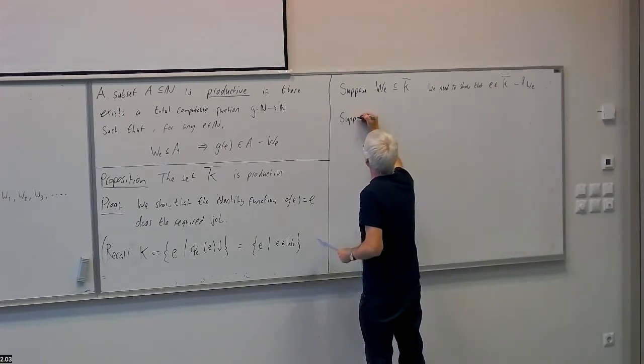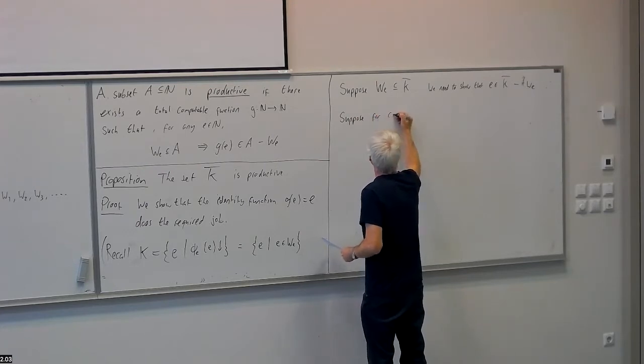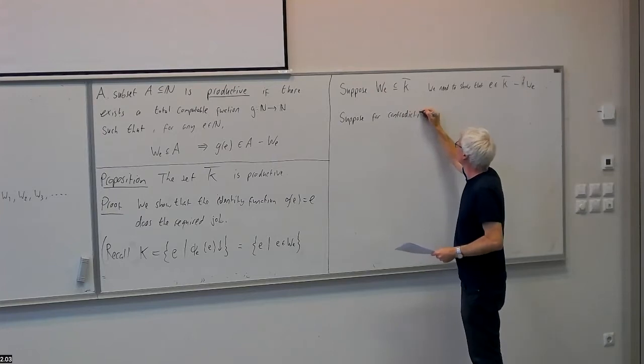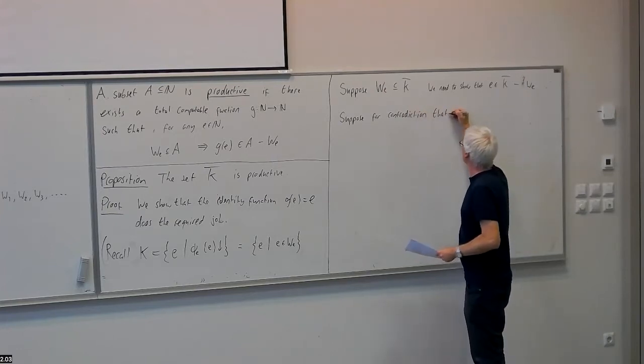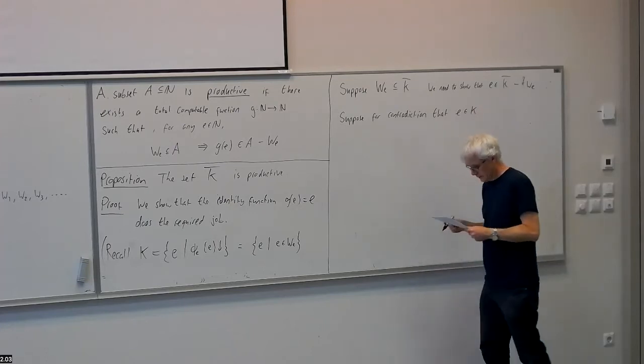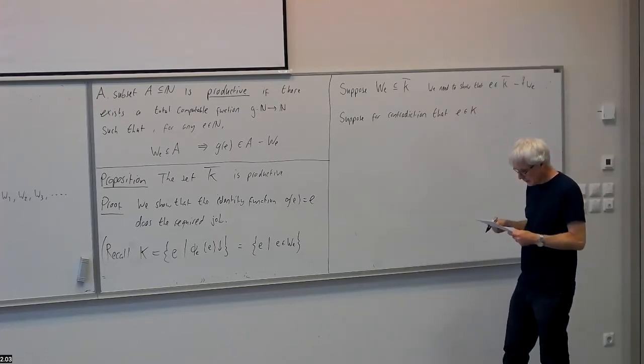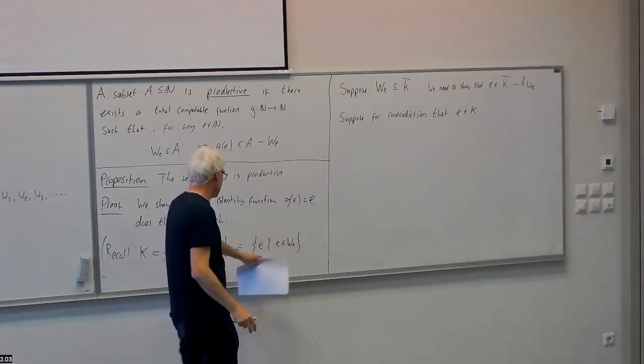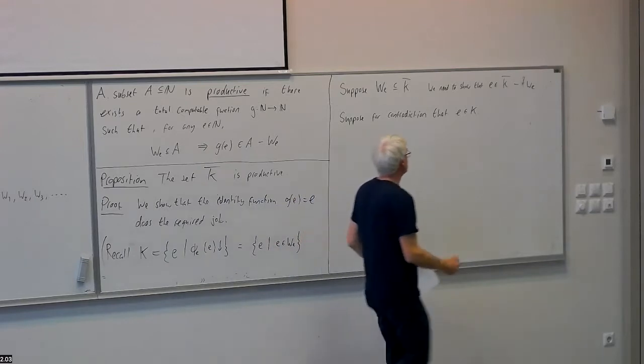So let's first assume for contradiction that E belongs to K. Then if E belongs to K, E belongs to WE.